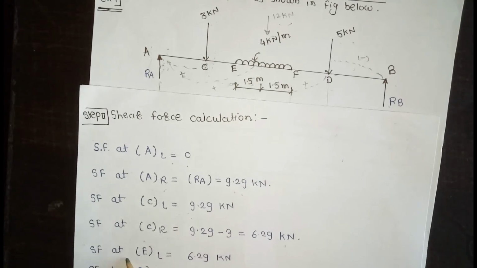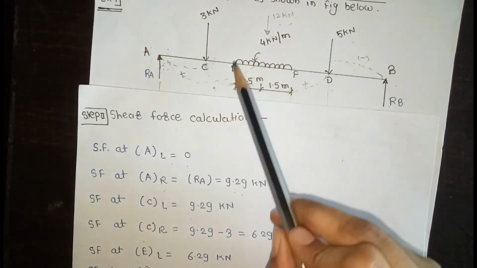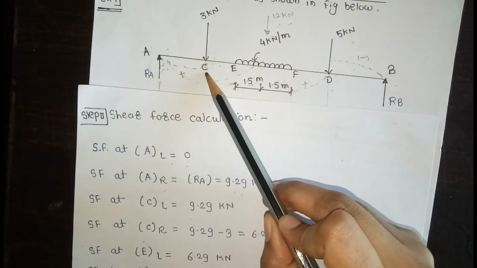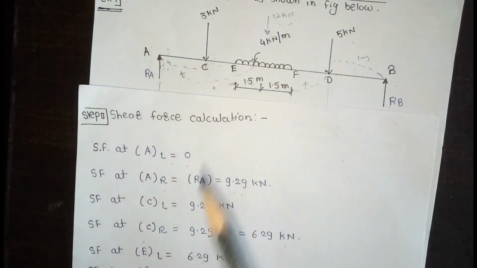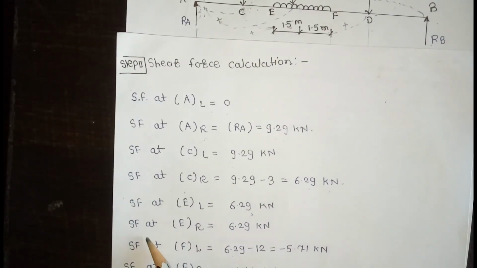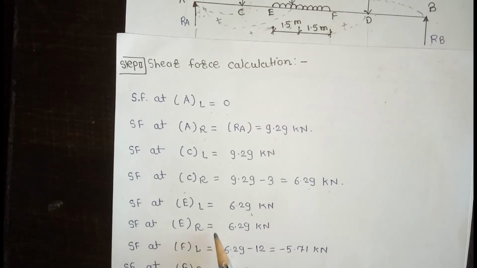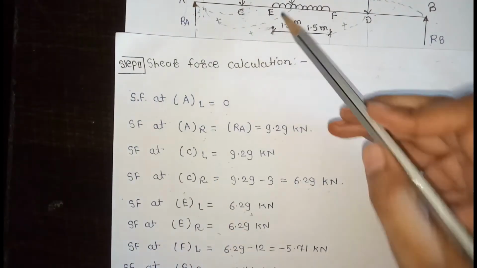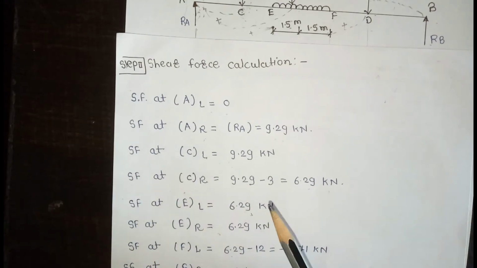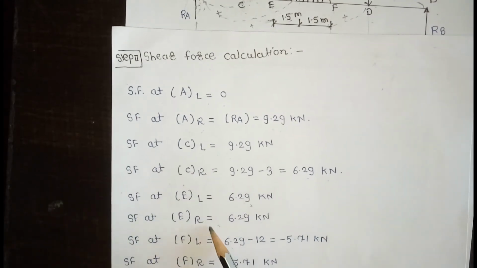Then shear force at E left: there is no force in between C and E. Therefore, E left is the previous value, 6.29 kN. Then SF at E right is equal to the force which acts at its own point.